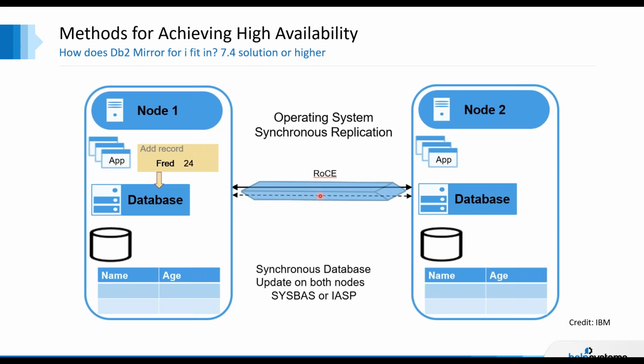You do need to be on Power 8, and of course you need to be on 7.4, but nodes can be at differing hardware generations. So you could use a P8 and a P9 system, and once the next version of the OS is out, whether it's 7.5 or 8, whatever they decide to call it, you can mix OS versions as well.